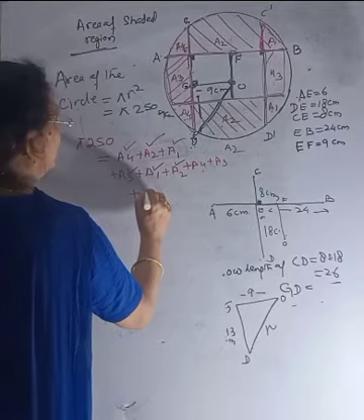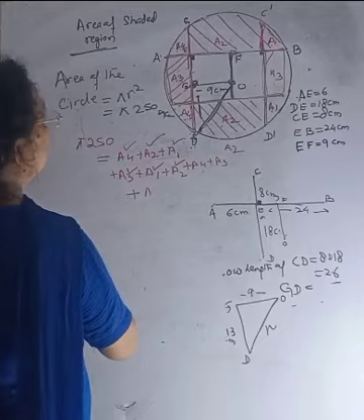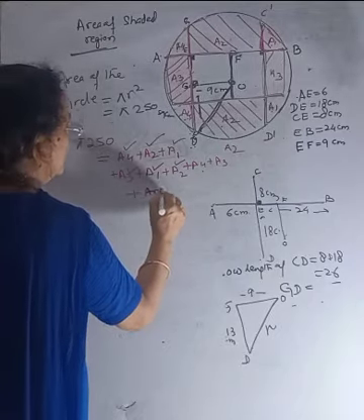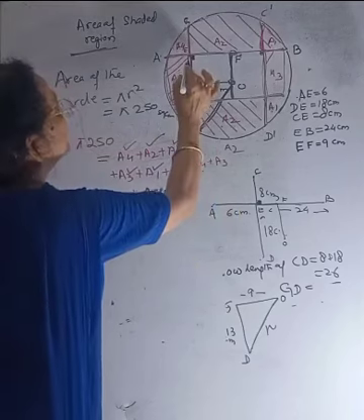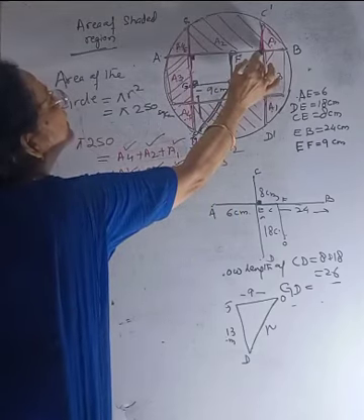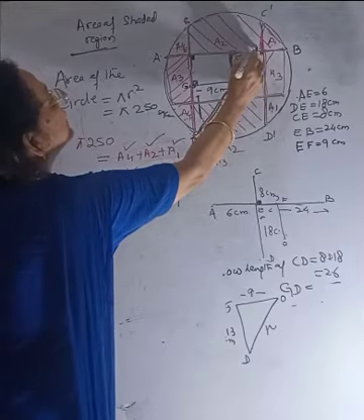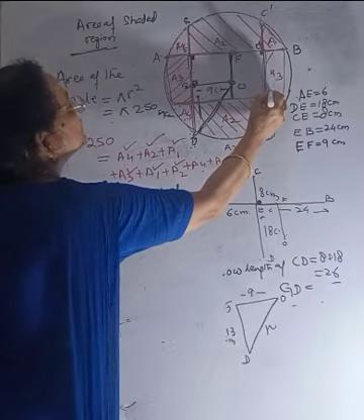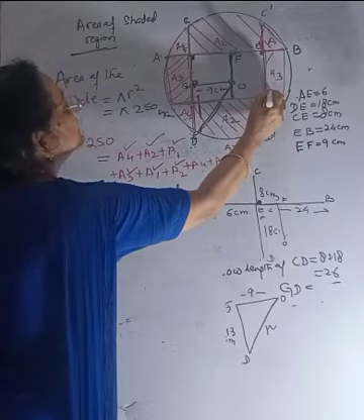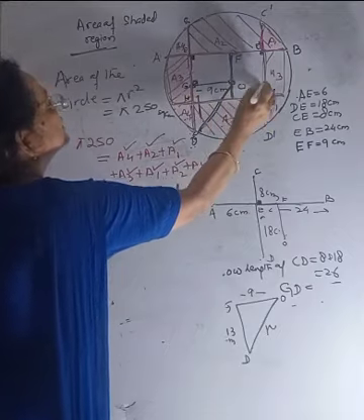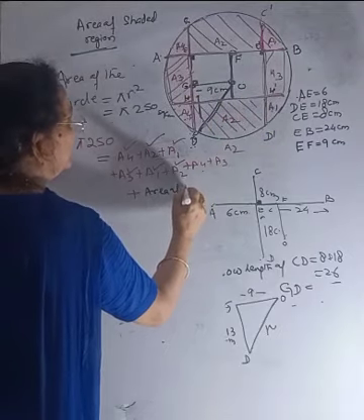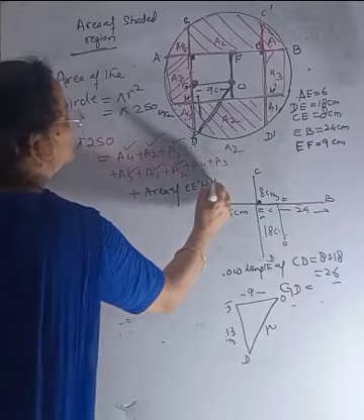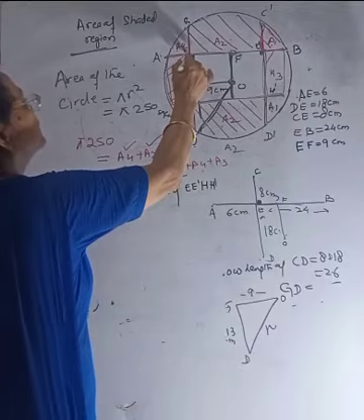This is area of this side E. This is E dash, suppose E dash. This is suppose H dash. Area of E dash, H dash. Okay, this portion.